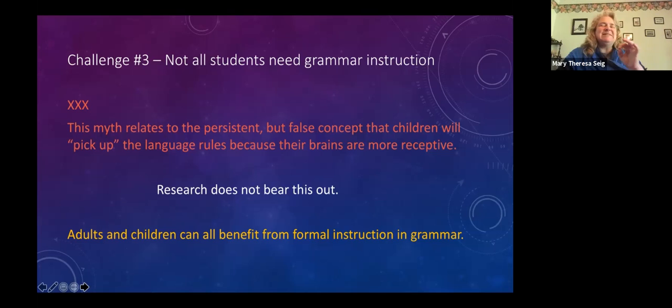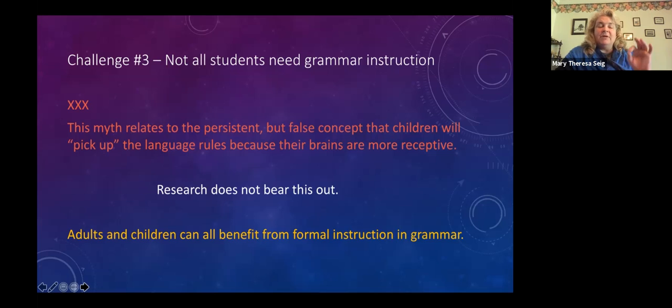It persists in the media, in lay people's understanding. It persists outside of the knowledge of the profession of language teaching. But it's a false concept that children will pick up the language rules because their brains are more receptive. There is not research that bears this out.